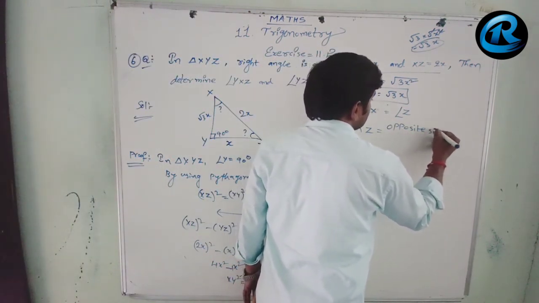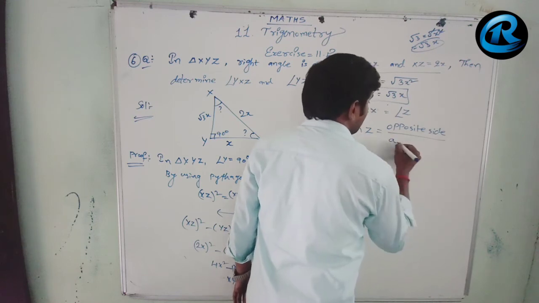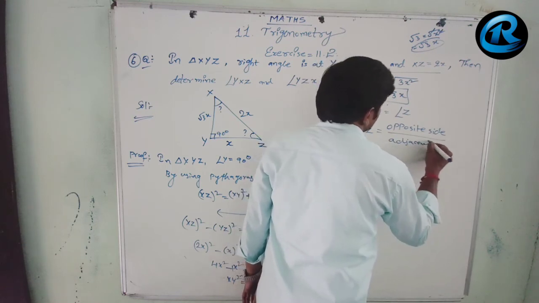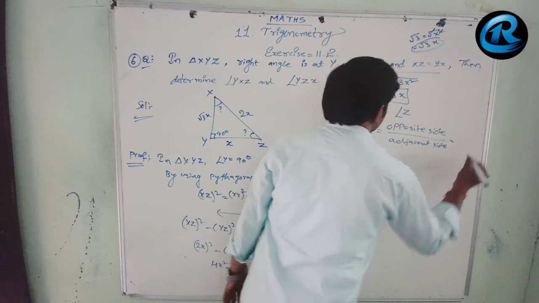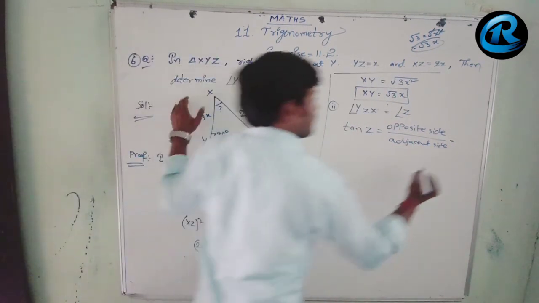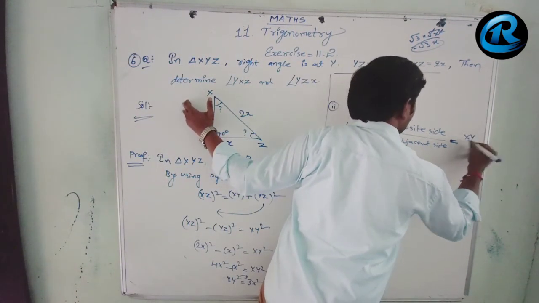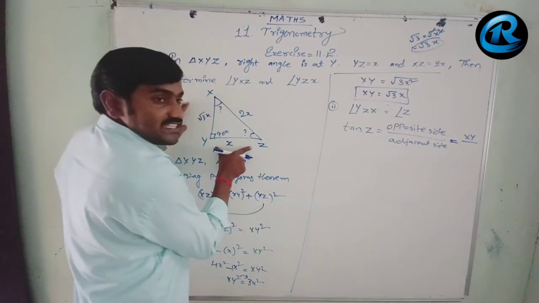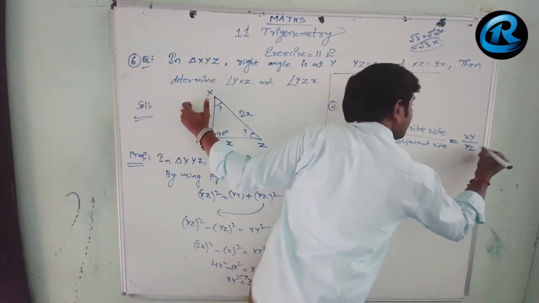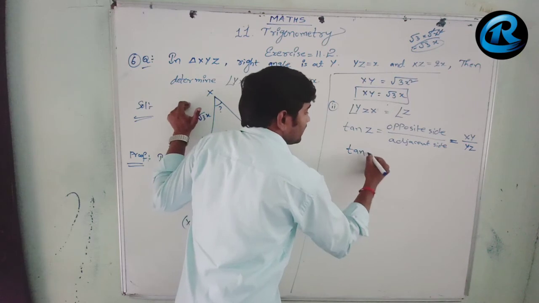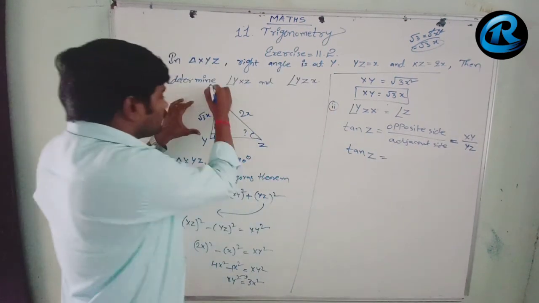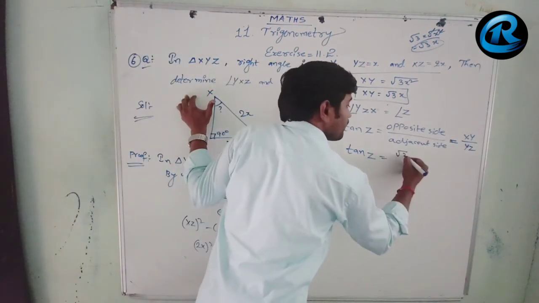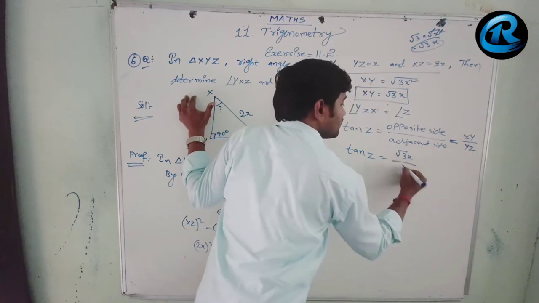The opposite side is XY, by the adjacent side YZ. So tan z equals the XY value we got, root 3 x, by the YZ value x.